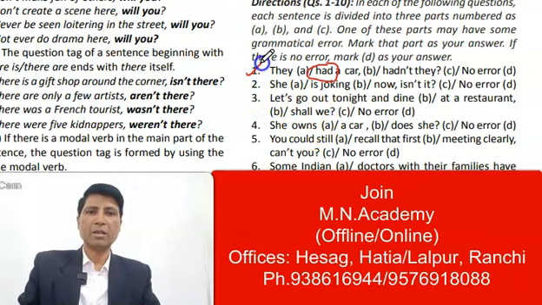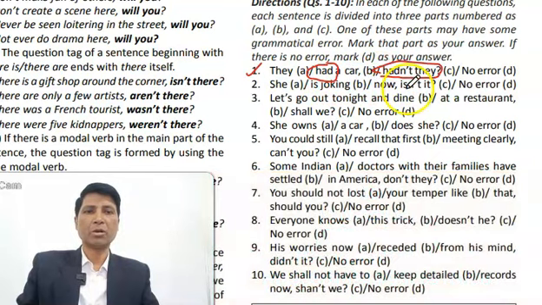It is in the simple past tense. Do not get confused that it is in the past perfect tense, because in the past perfect tense we use had plus past participle form of the verb. Here it is only had, so it is in the simple past tense. So here you can see this question tag is wrong. It should be didn't they.